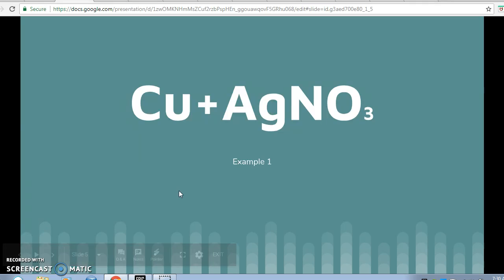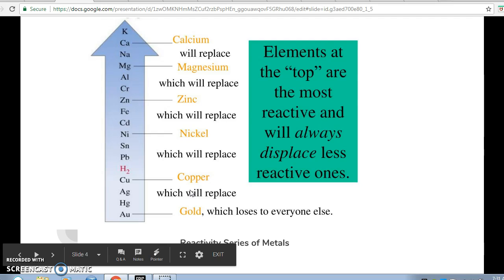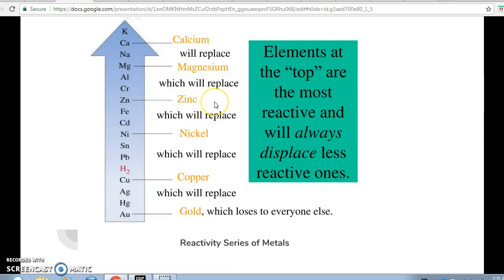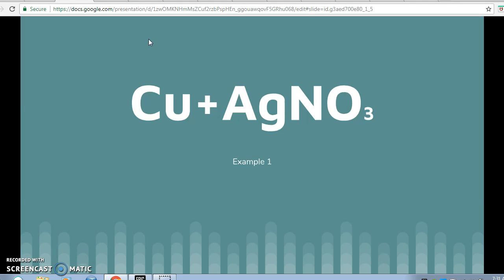So our first example, we have copper plus silver nitrate. So as we go back to our list, locate copper, which is the fourth one to the bottom, and then we have silver, which is Ag.